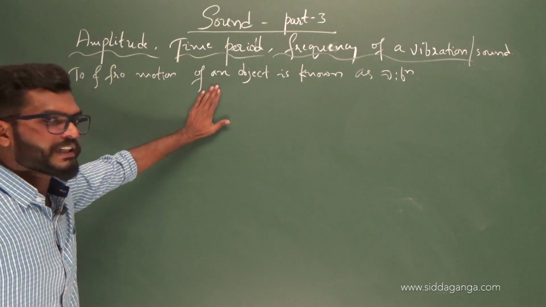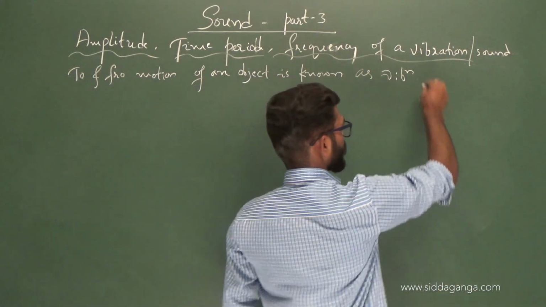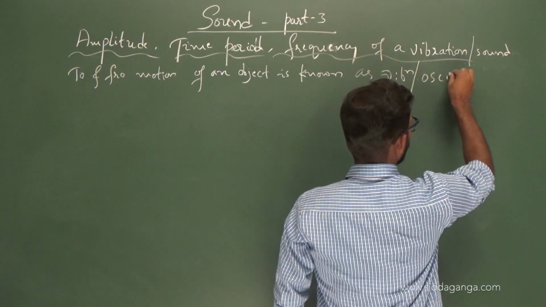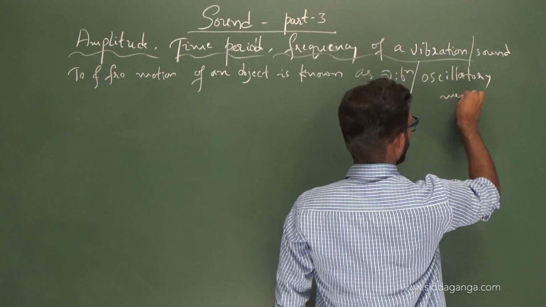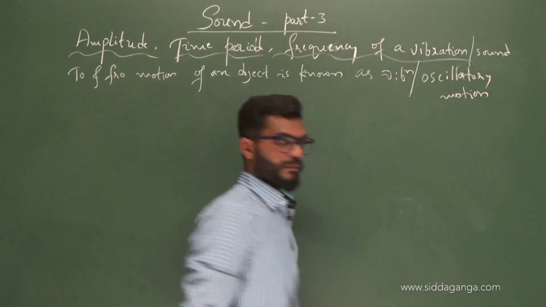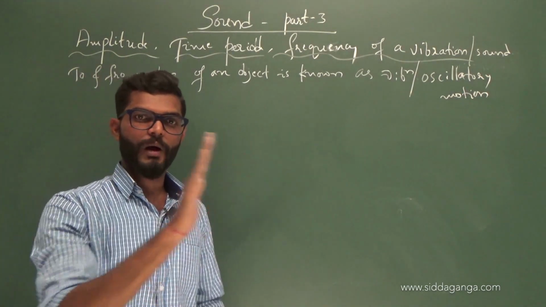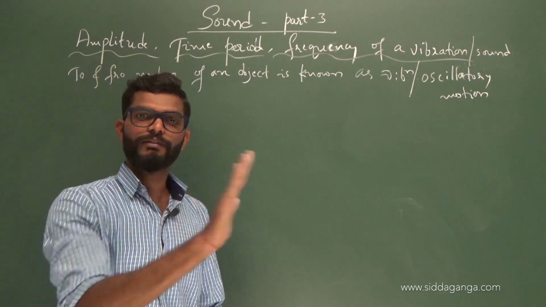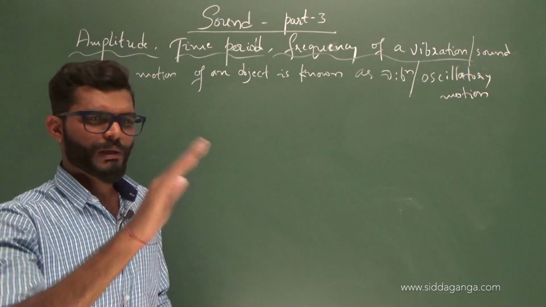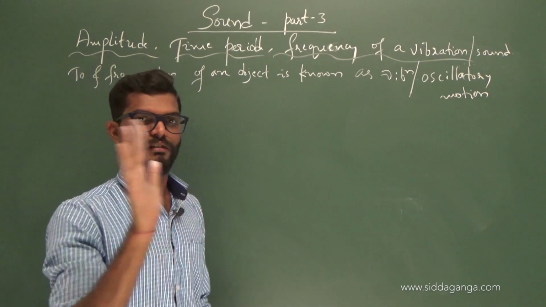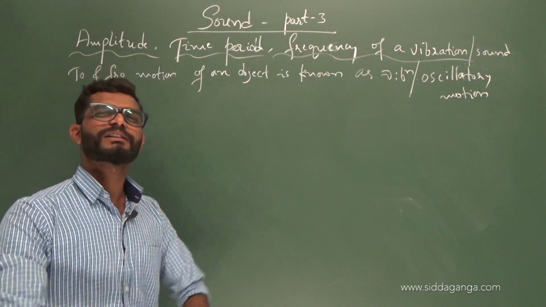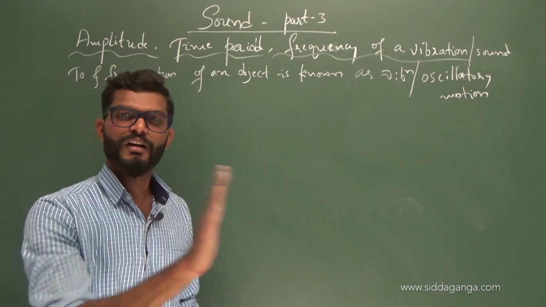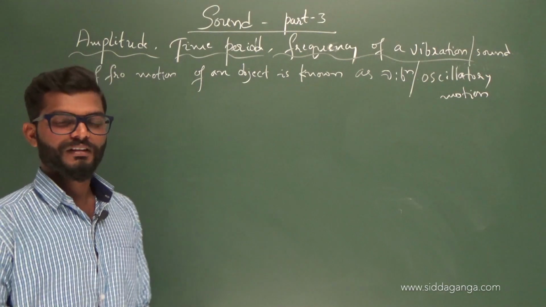This type of motion is also known as oscillatory motion, oscillation. If an object makes to and fro motion or back and forth motion, it is known as vibration. It is also known by another term, oscillatory motion or oscillation.